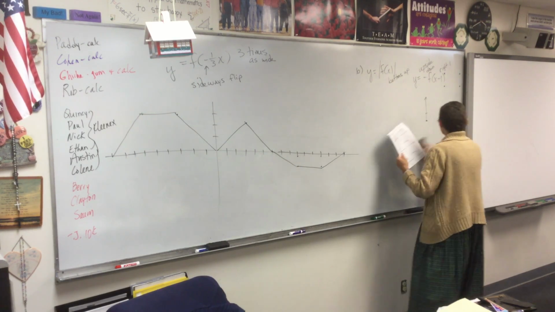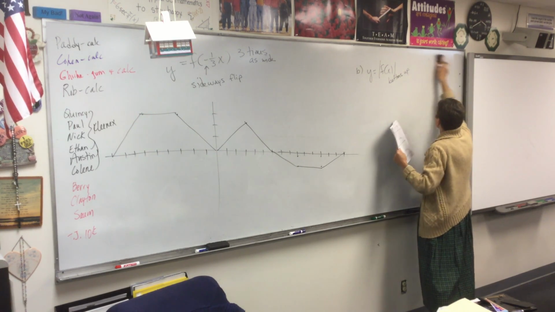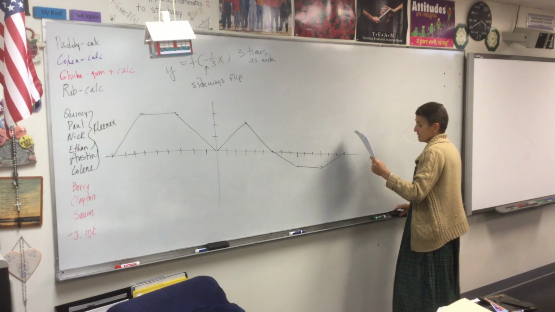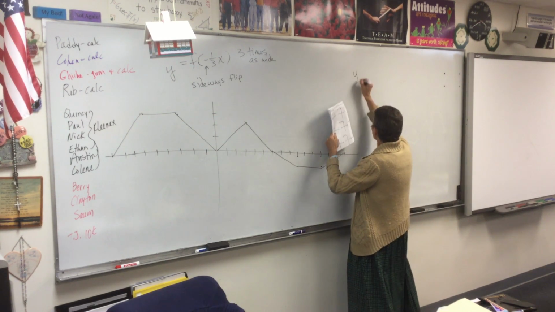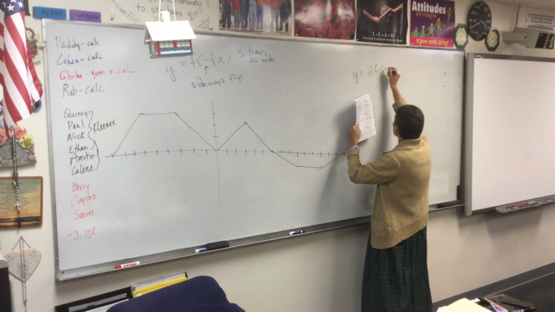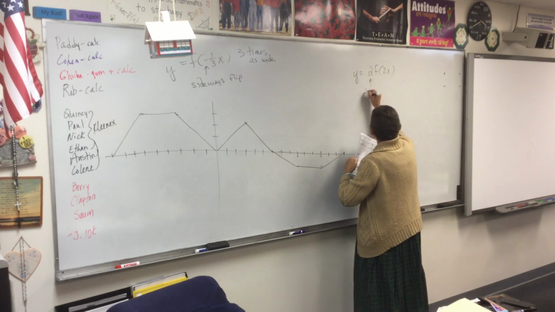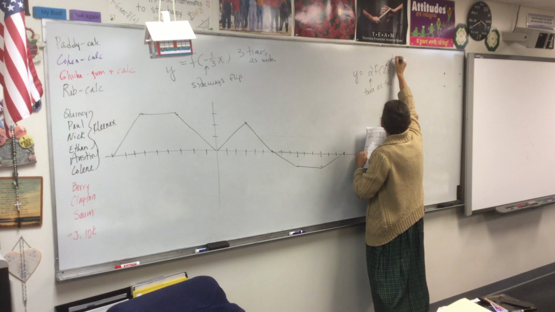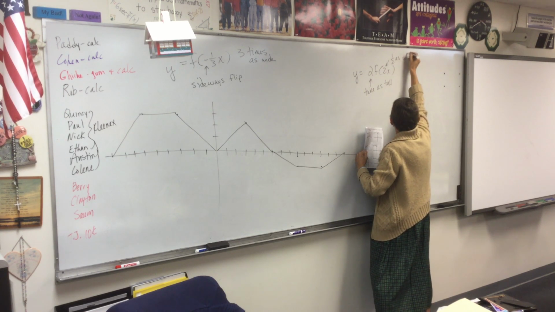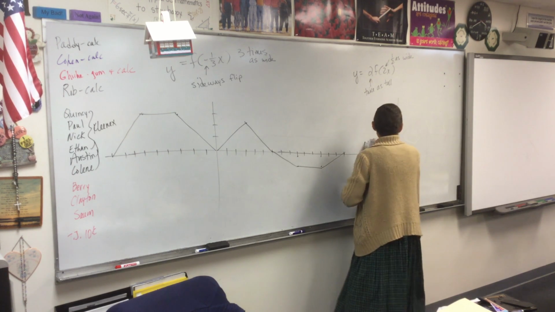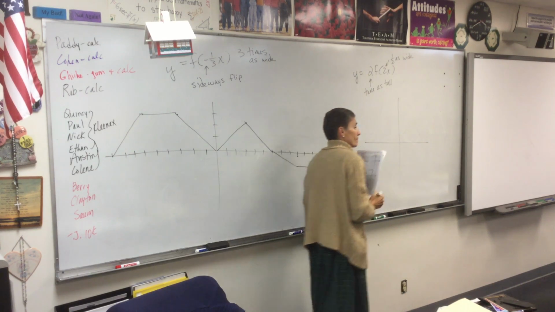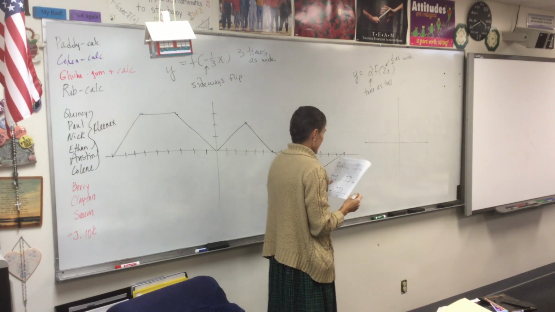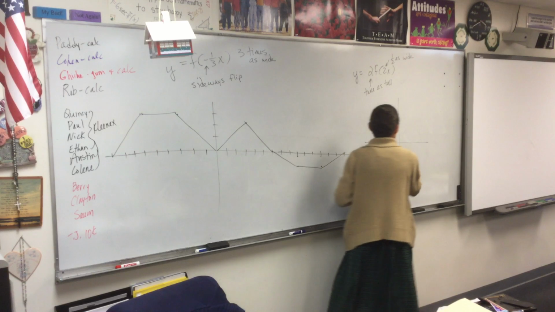2 things are happening in this problem. What are they? It's half as wide and twice as tall. So this is twice as tall and this is half as wide. So this one's going to be tall and skinny. So I'll start with my big trapezoid.